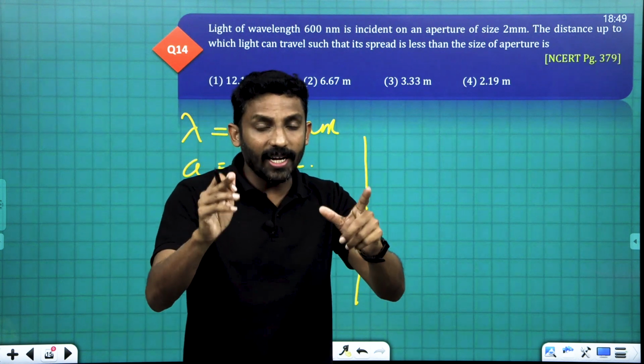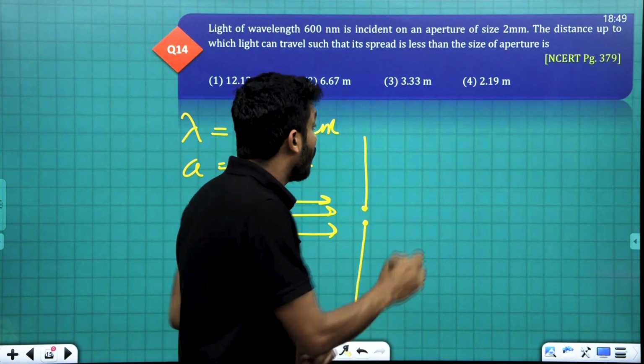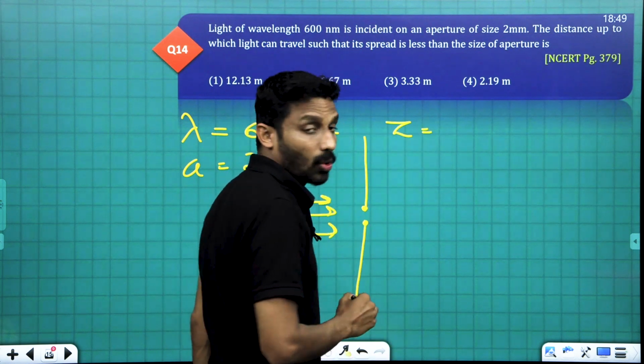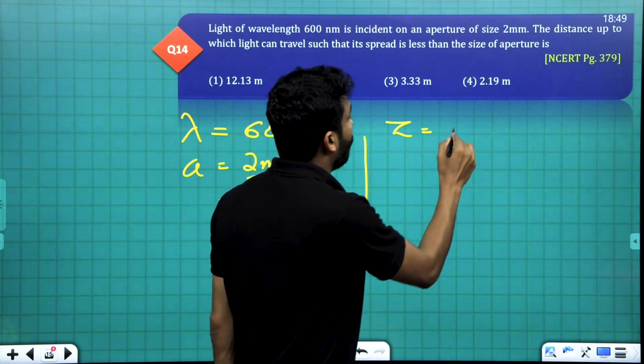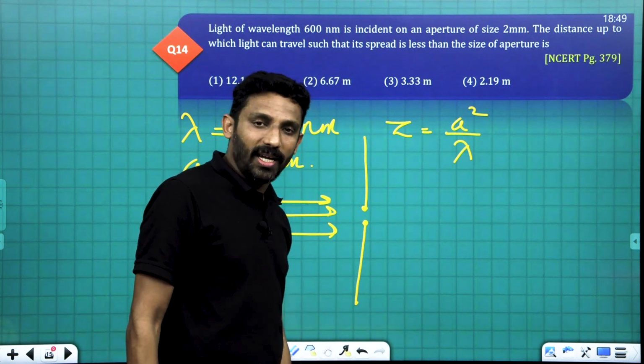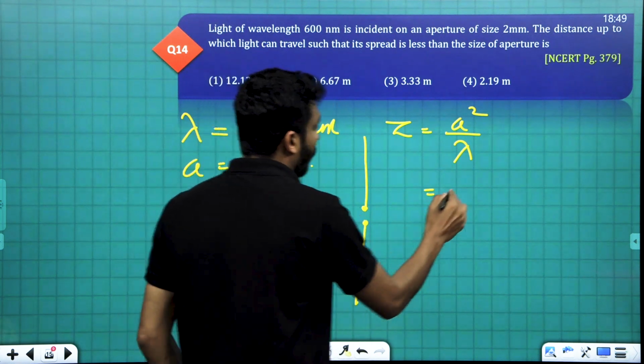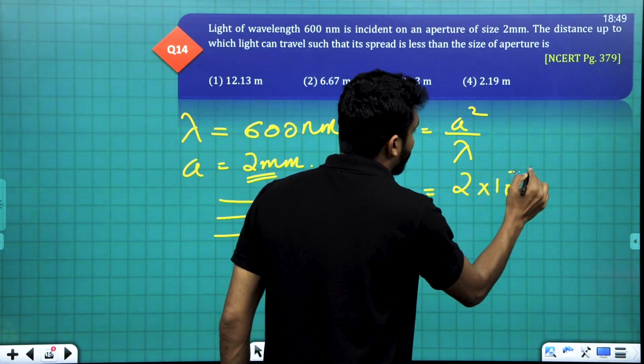Ray optics is valid up to what distance? The Fresnel distance from the aperture, and the Fresnel distance Z is equal to a squared by lambda. You have studied it. a squared by lambda, the Fresnel distance. We have a is 2 millimeter, 2 into 10 power minus 3, squared.